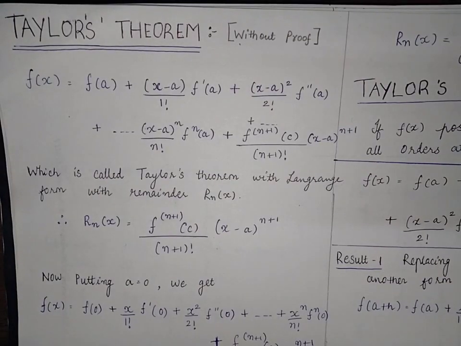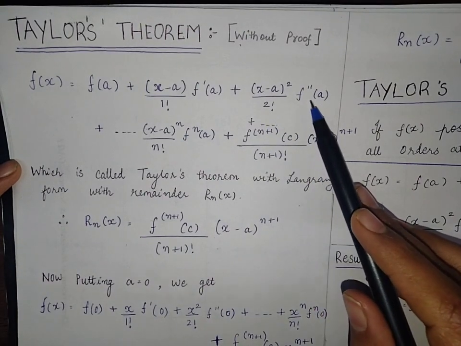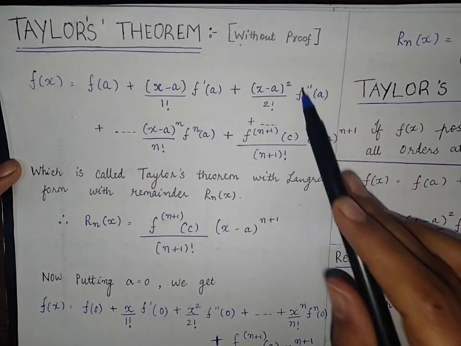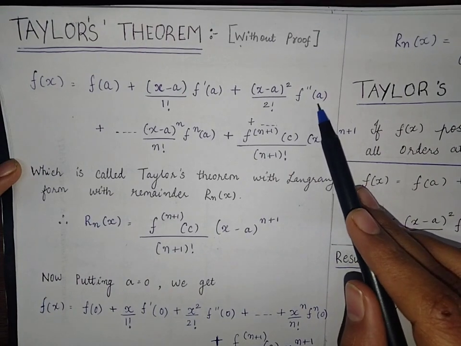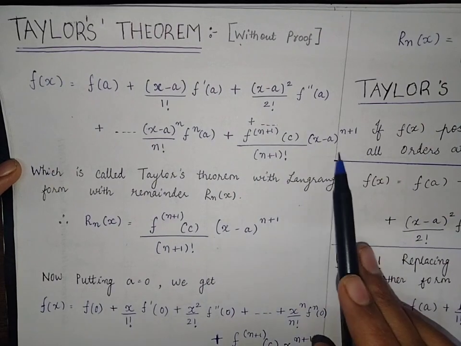So Taylor's theorem is used in different examples, and you have to remember it without proof. Its proof is not asked, so just remember the theorem, okay. f of x equal to f of a plus (x minus a) by 1 factorial into f dash a plus (x minus a) whole square by 2 factorial f double dash a, and it will go till f raised to n and then the f raised to n plus 1 form.